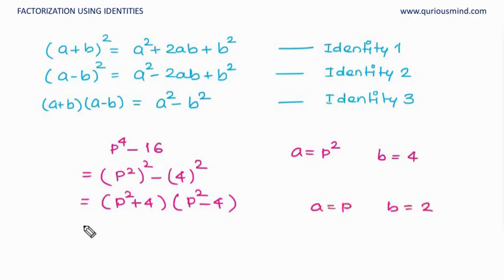And hence I can factorize this further. So P square plus 4 remains as it is, and here it will be A plus B, which is P plus 2, and P minus 2. This one we have factorized here. And so now here if you see, we have used the same identity twice, first here and then again here.